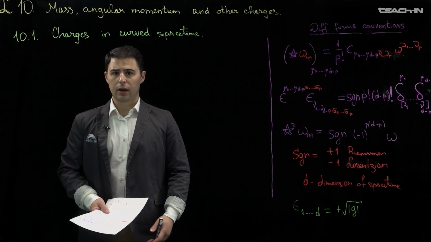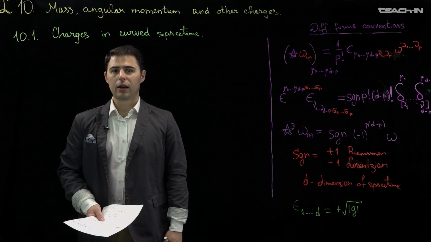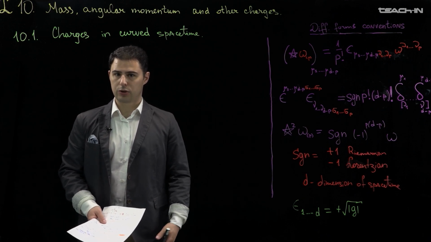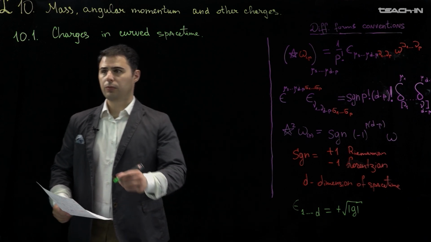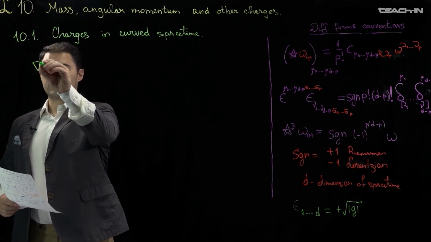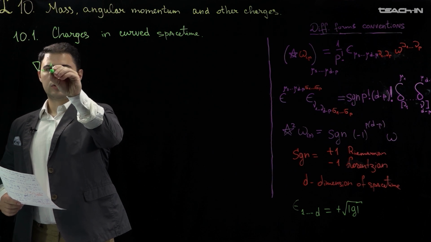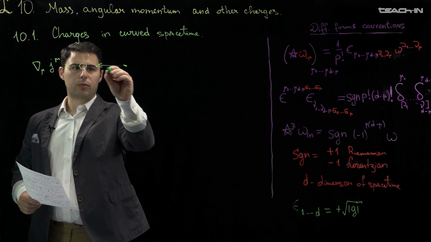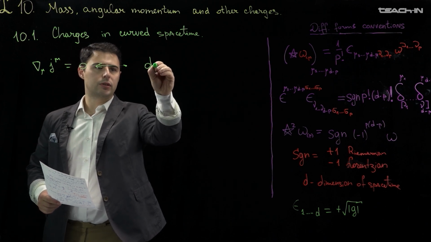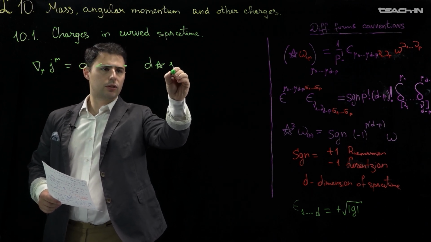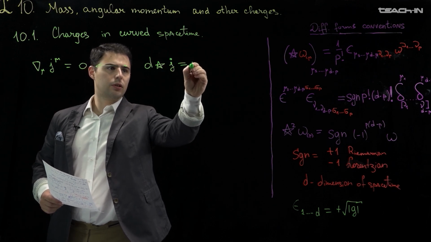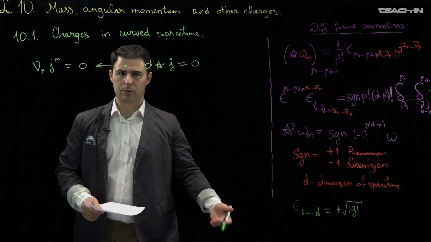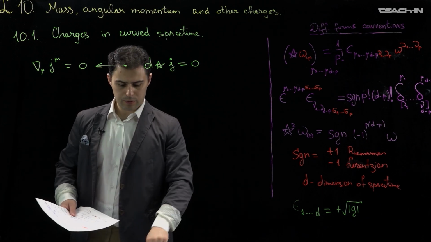So, as in the classical field theory, the definition of a conserved charge starts with a conserved current. So, let's say we have a conserved current, which in the differential form language is the same as stating that the Hodge duality of the four-current, seen as a one-form, is closed.